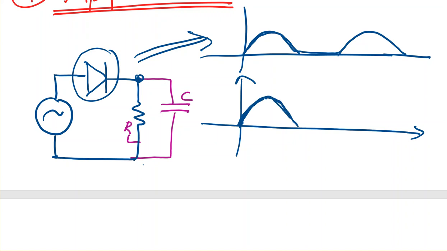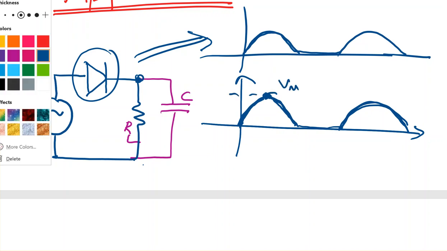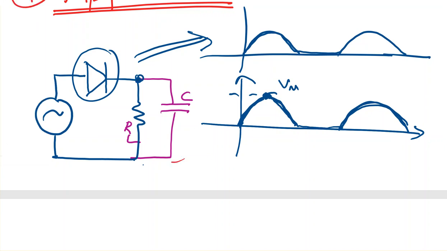The voltage should be like this as in the original case, but with the presence of the capacitor, look at what will happen. During the positive half cycle, the capacitor is charged until the voltage reaches the maximum. So the capacitor starts charging while the diode is on, until it reaches a maximum value.